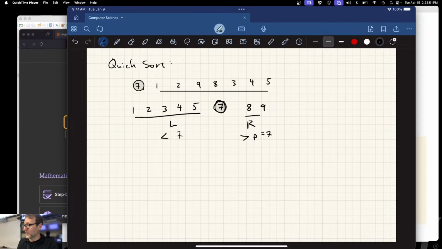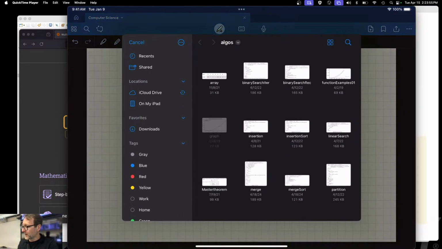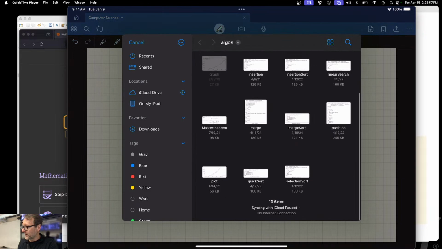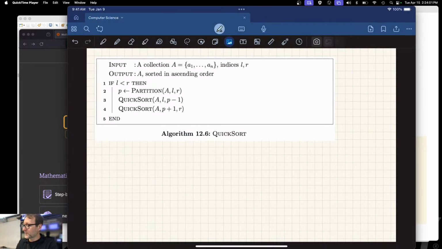I think I've got pseudocode for it. Let's go ahead and check. There it is. Quick sort. So it's very similar to merge sort, except that instead of evenly dividing it, it has this subroutine called partition that partitions everything to the left or right and returns a pivot element, the index of the pivot element.